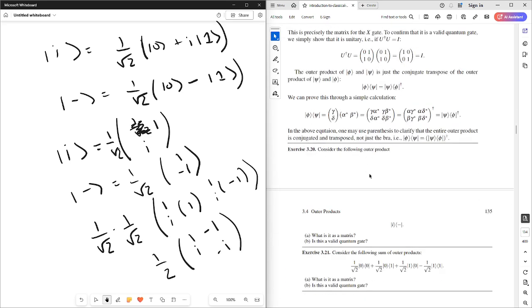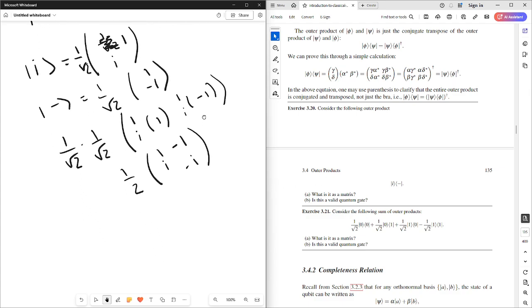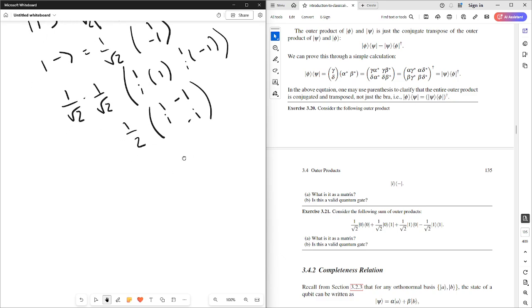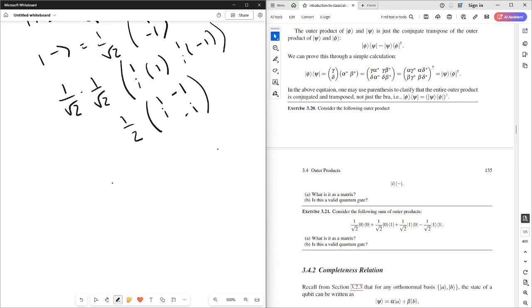Now, the question is, is this a valid quantum gate? Well, we need to know if this is unitary. We'll call this result U, let's use the actual terminology.